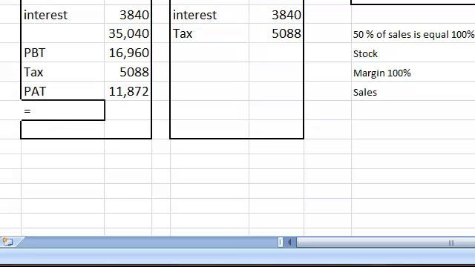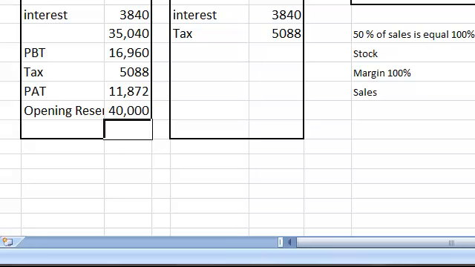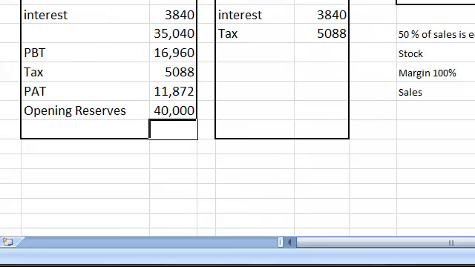We will bring the opening profit, the opening reserves, which is equal to 40,000. So profit available for distribution is 11,000 plus 40,000, the profit available for distribution as dividend.